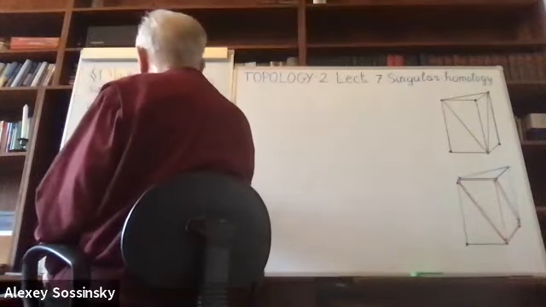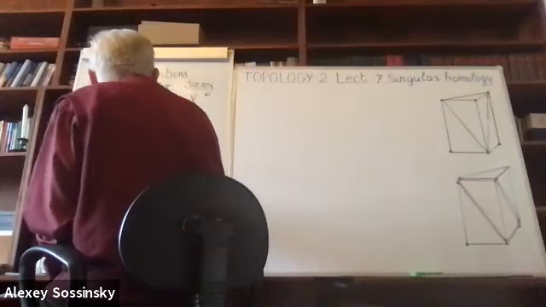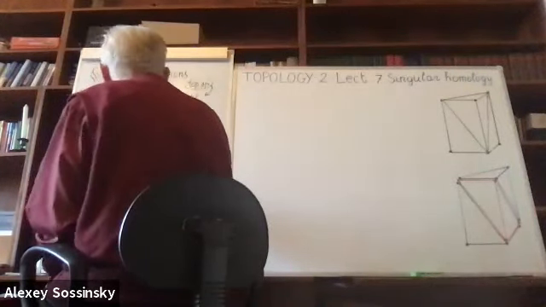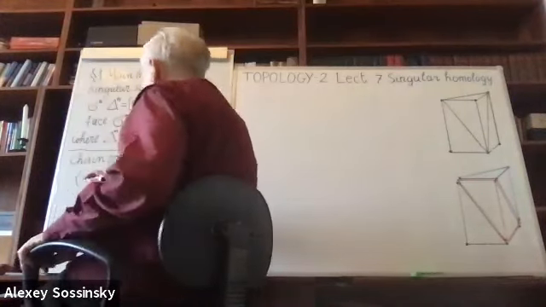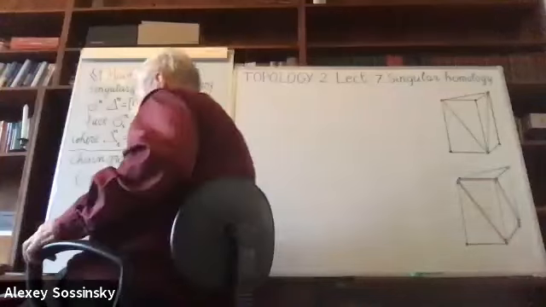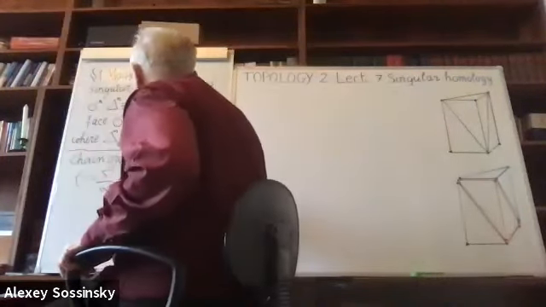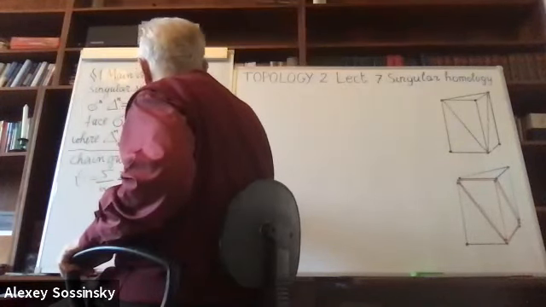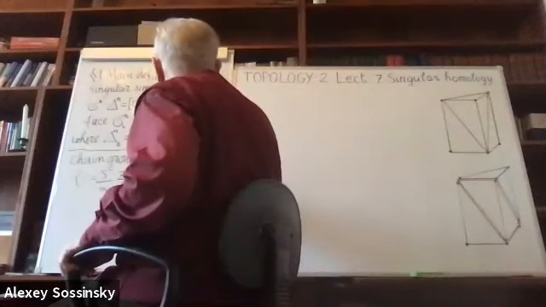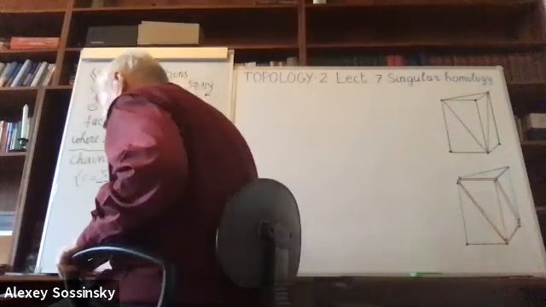The z alpha are integers. An important requirement is that the sum is finite. We require the sum to be finite. So this is the notion of chain group.